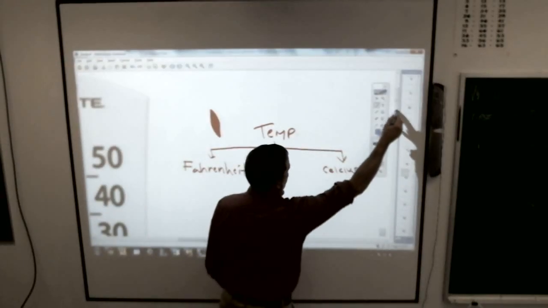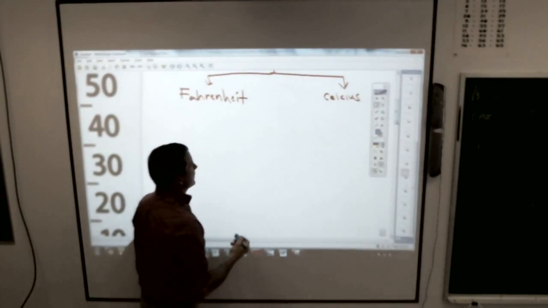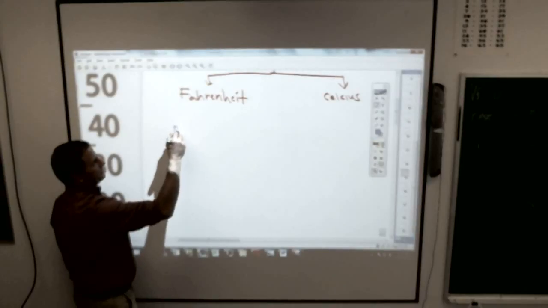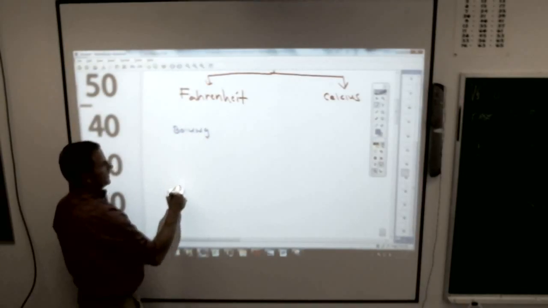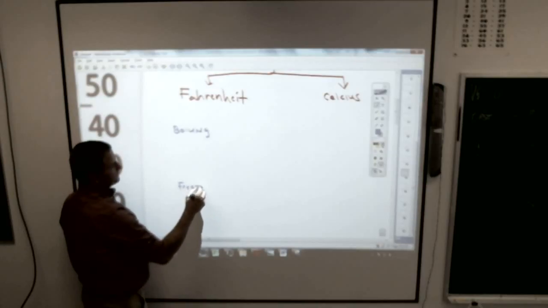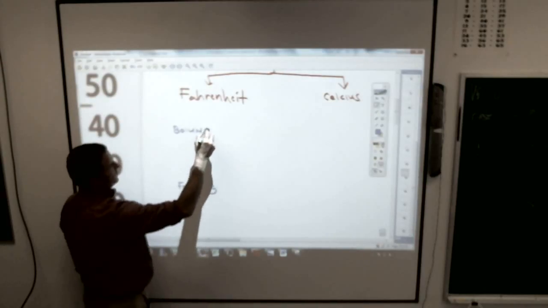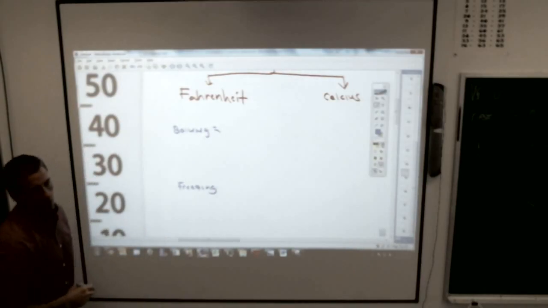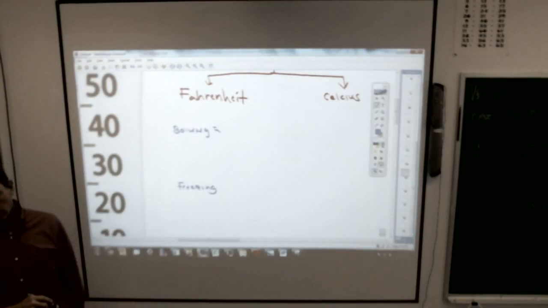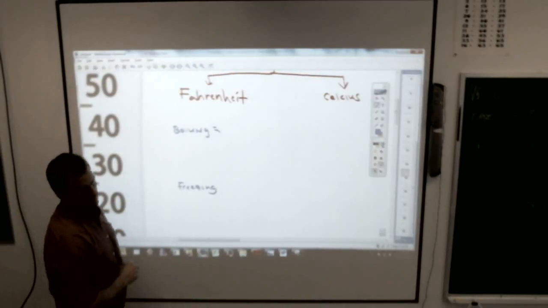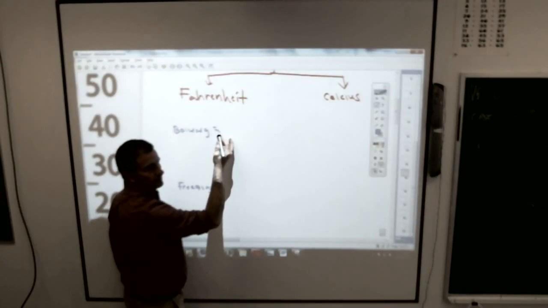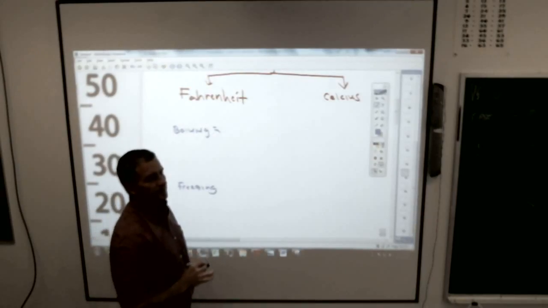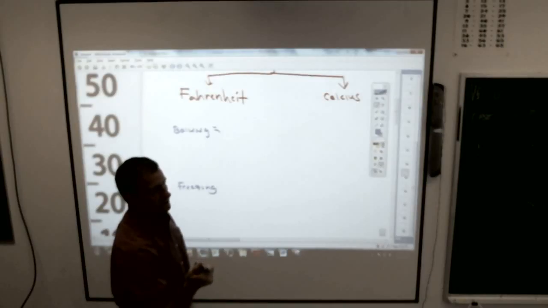So, in the Fahrenheit world, we've got boiling water and we've got freezing water. In the Fahrenheit world, what temperature does water boil at? Carolina? Not in a Fahrenheit scale.